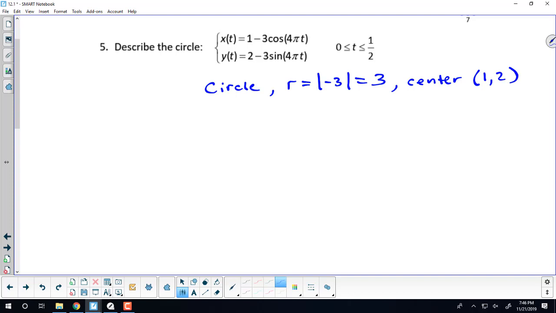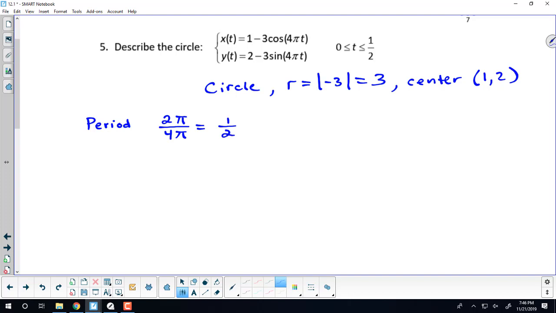And how much of the circle is generated in this one? One full circle, yeah. Here b is 4 pi. So we have the period is 2 pi over 4 pi, 1/2.